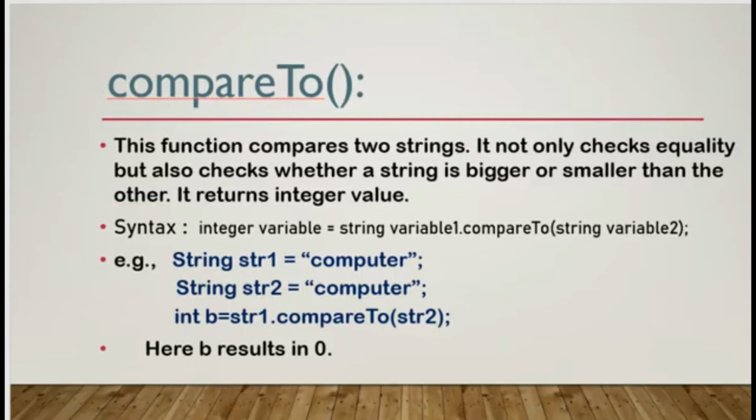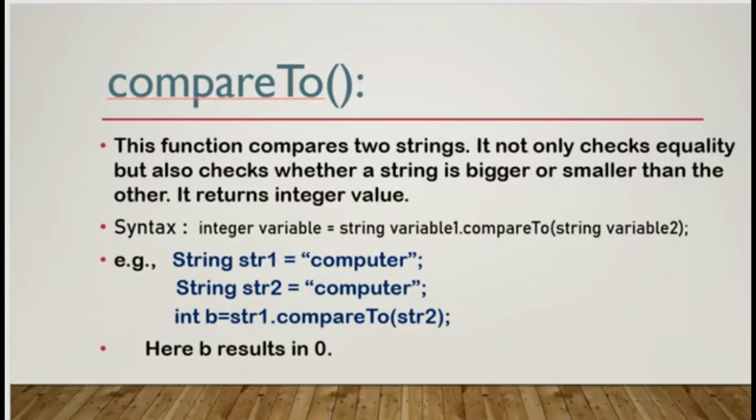String str1 has the value computer, and string str2 also has the same value computer. This function performs the comparison based on the lexicographical order, so the differences of the ASCII codes of the corresponding characters are checked.